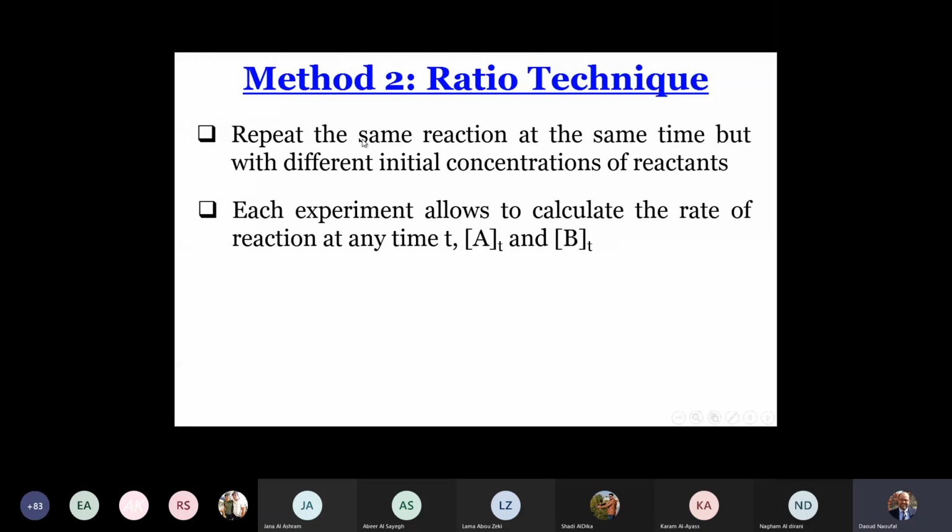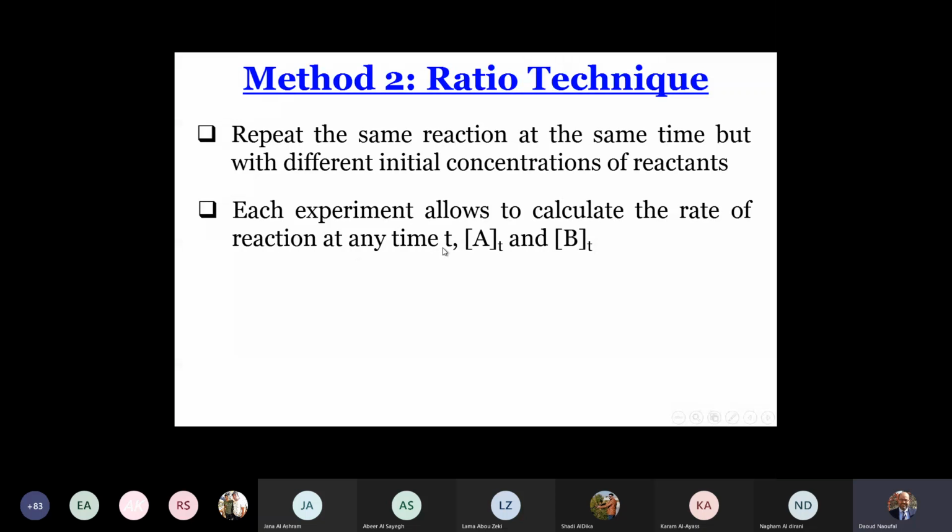So we repeat the same experiment at the same temperature and change the initial concentration of the reactants. Each experiment allows us to calculate the rate of the reaction.